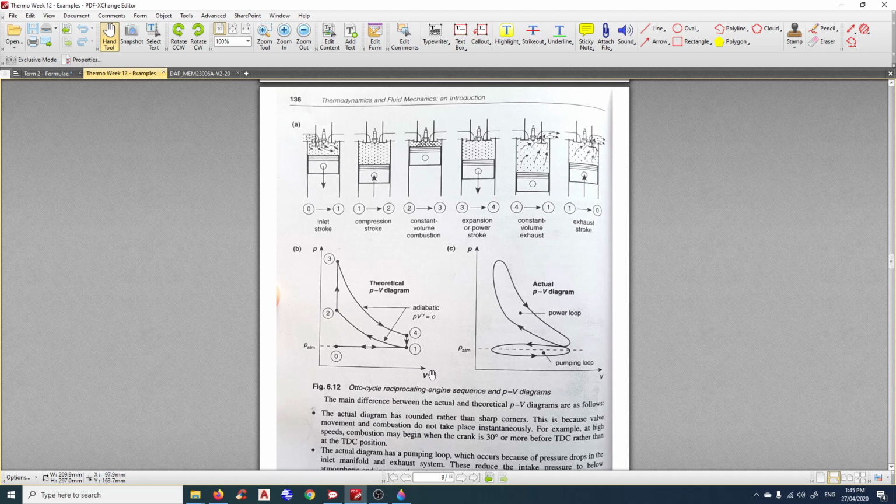Theoretically, if you plot it on the PV diagram that we discussed last week, at atmospheric pressure the air is being drawn in. So this air here, maybe at point 0, is mixed with a little bit of petrol into 1. And then 1 to 2 is the compression stroke, so it's being compressed, and it is compressed very quickly.